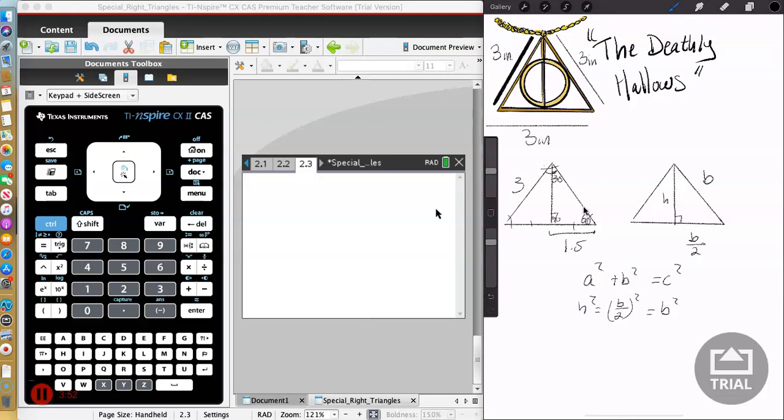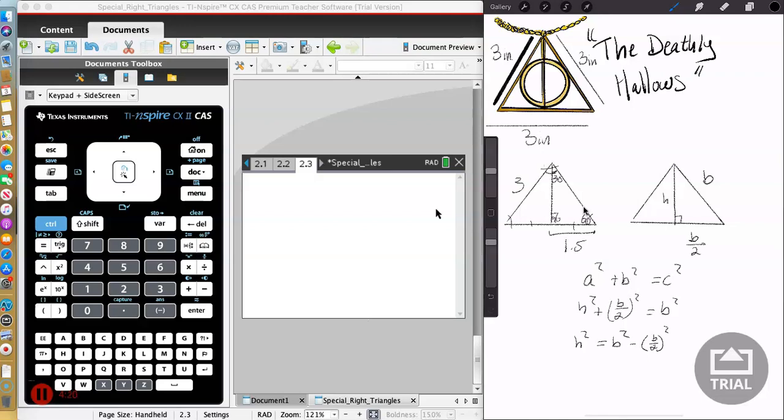For now, when we plug these in, we're going to solve for h by taking h squared and setting it equal to b squared minus b over 2 quantity squared. The reason I'm not worrying so much about the squared terms is because we're going to change all that in a second.